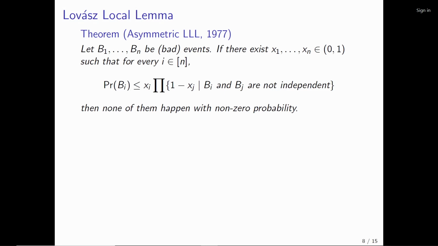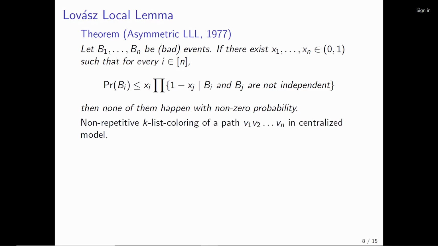You can think of them as being very close to the probability of B_i. And if you can bound this probability by something that looks like this, where some dependency appears here, then you can avoid all of them, once again, with non-zero probability.